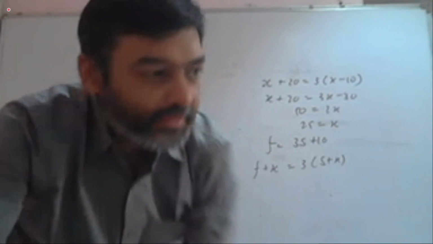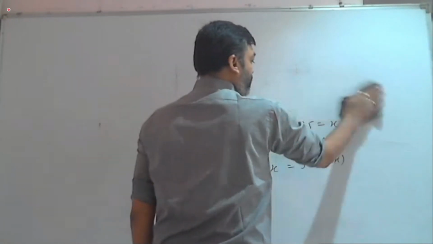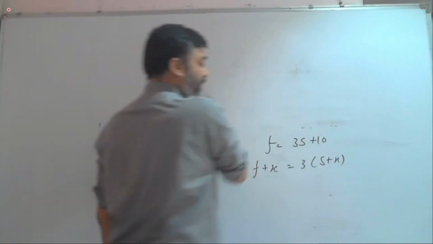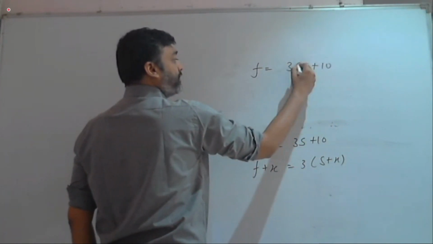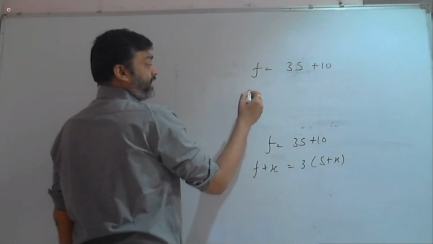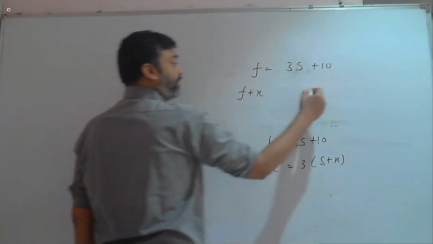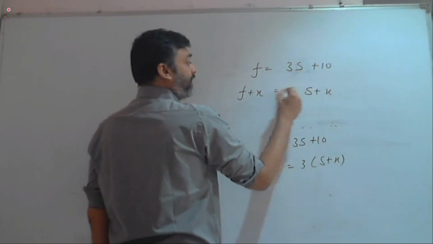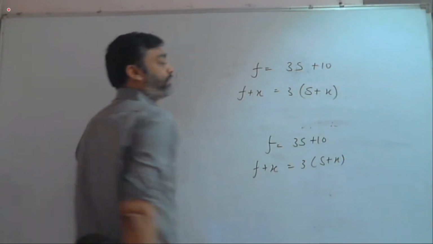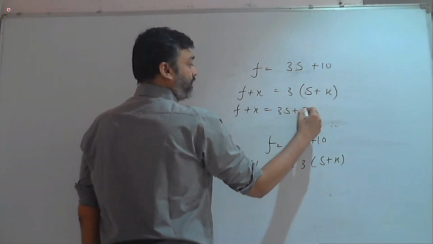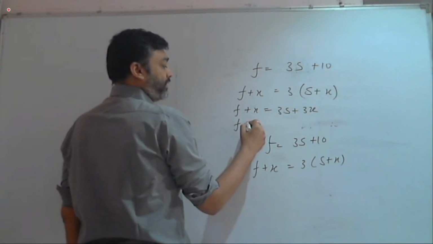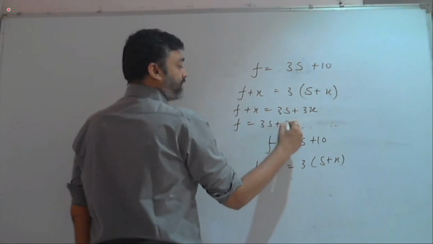Hope you can see the screen. The first equation is this one. The present age of father, F, is 10 years more than thrice the present age of son. After how many years? Let me assume X years. After X years, the son will be S plus X and the father will be 3 times the son's age. So F plus X equal to 3S plus 3X, so F is equal to 3S plus 2X.